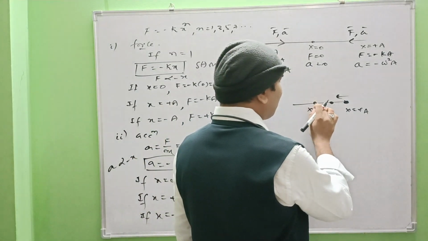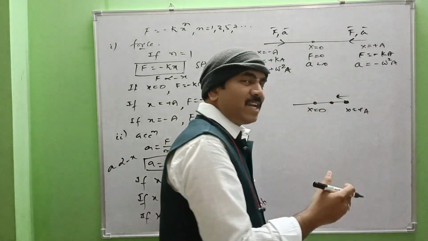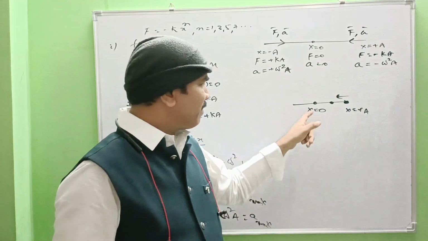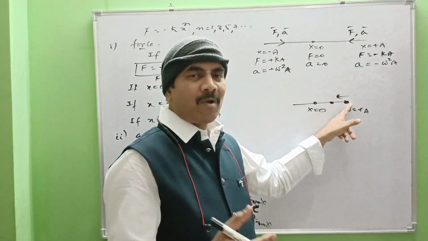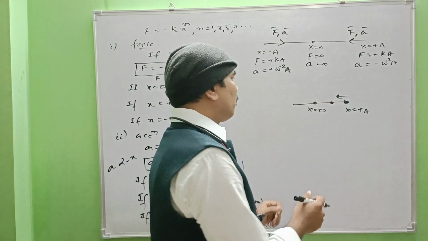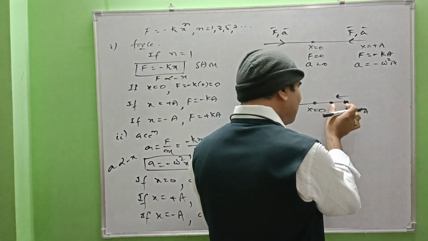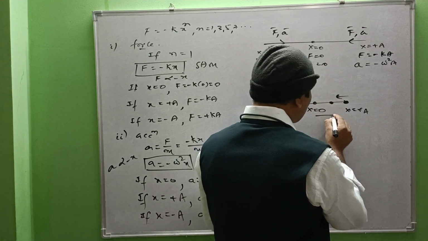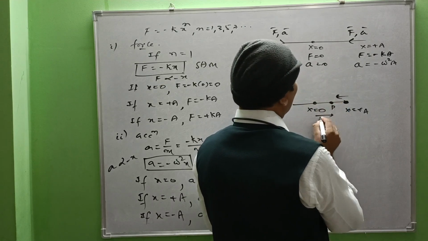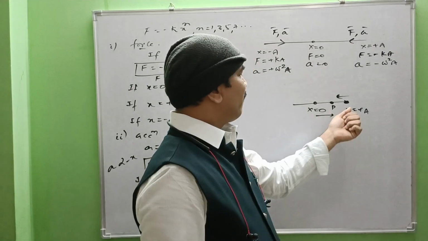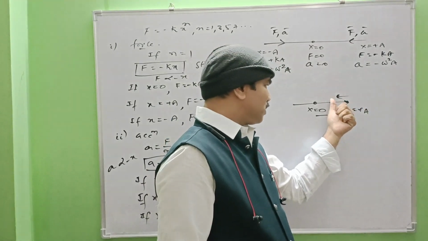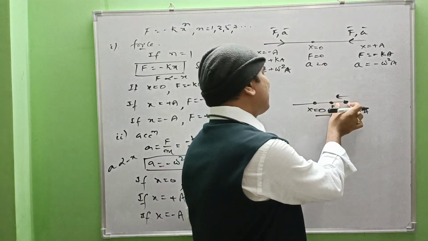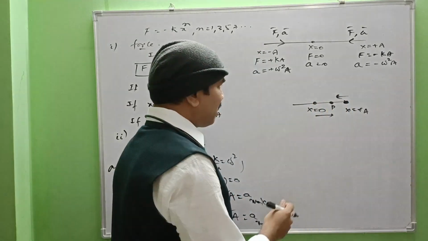If origin is x equal to 0, we are measuring displacement of the particle from the mean position, not from the starting point of the particle. So even though it covers this much of distance, we have to consider displacement from mean position to the given position of the particle. When it moves from extreme position to this position, displacement becomes this segment, not this segment. Okay, that's what I want to tell you, right?